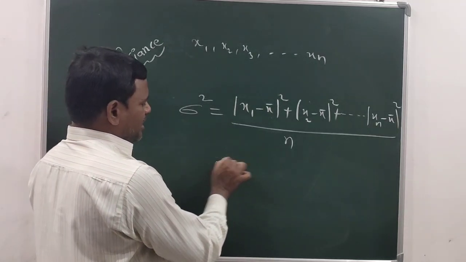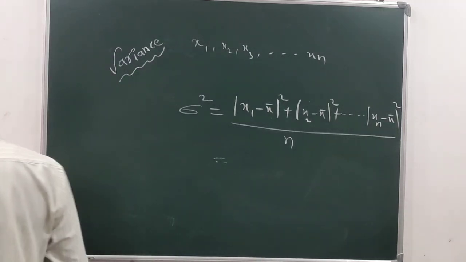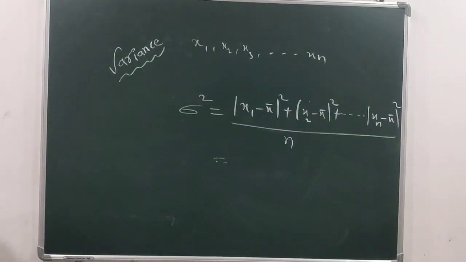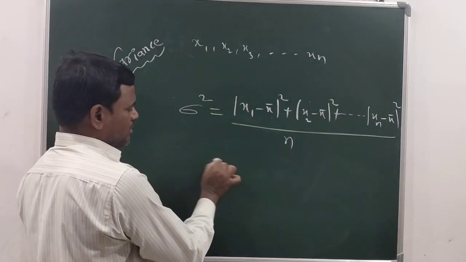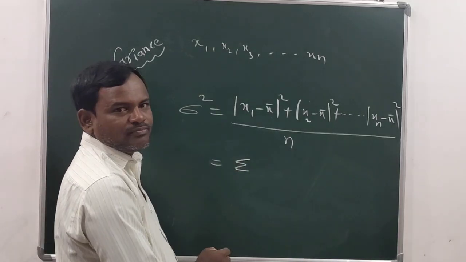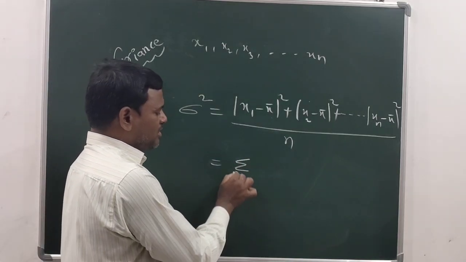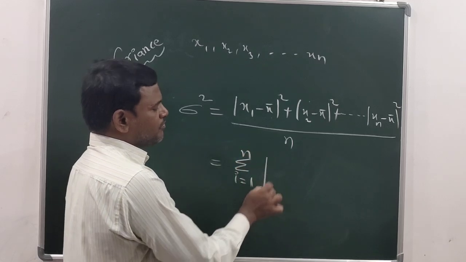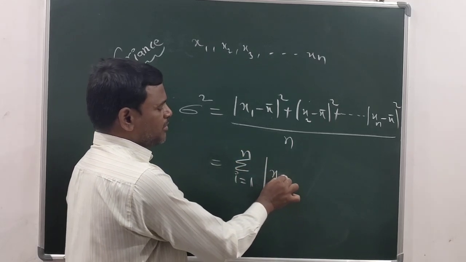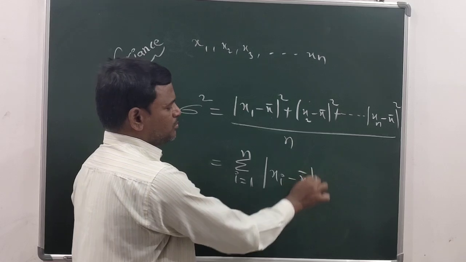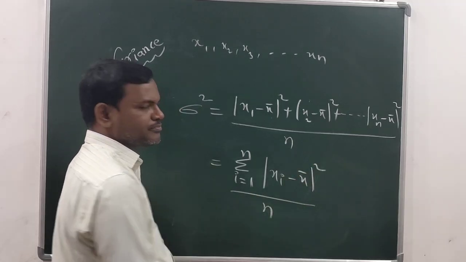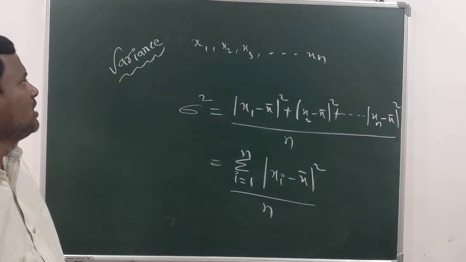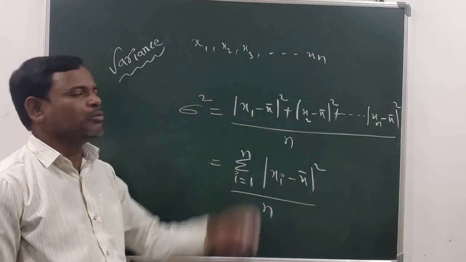This is also can be written as summation I runs from 1 to n, xi minus x bar whole square by n. This is variance formula for ungrouped data.